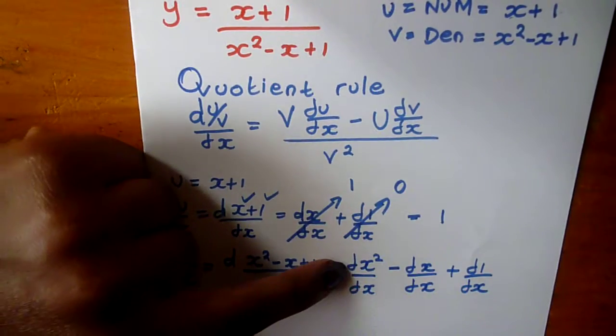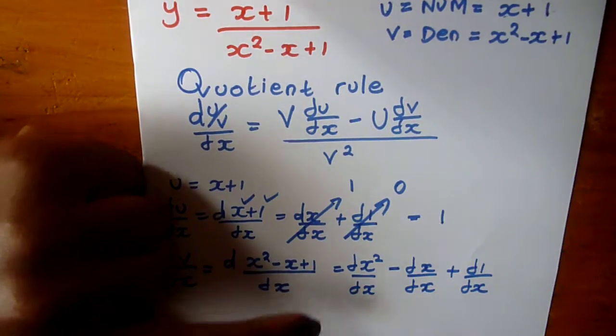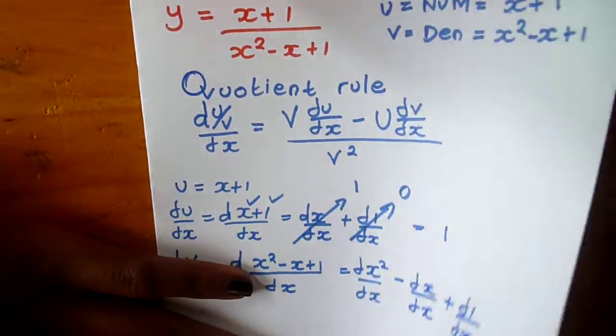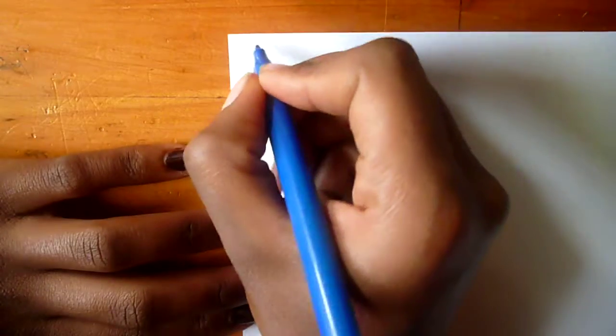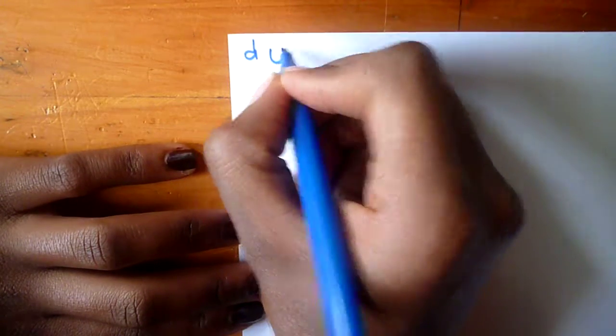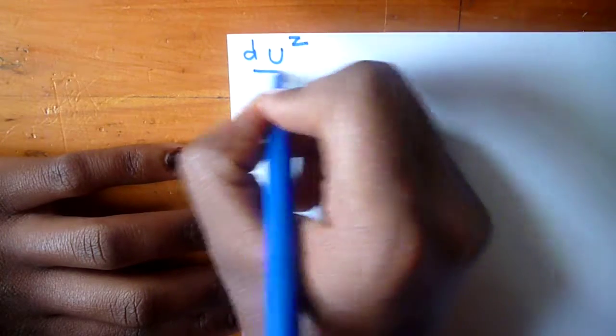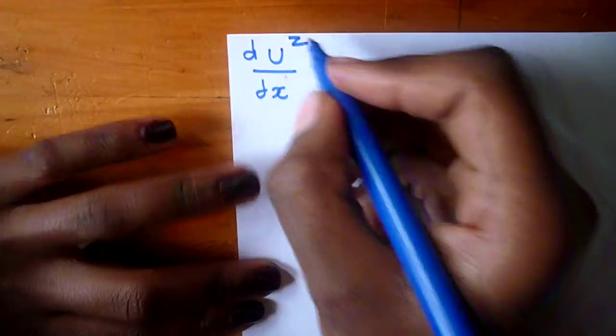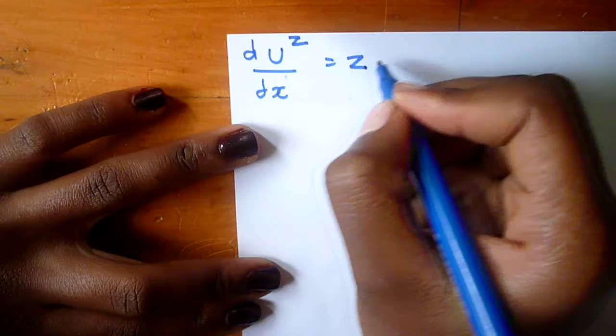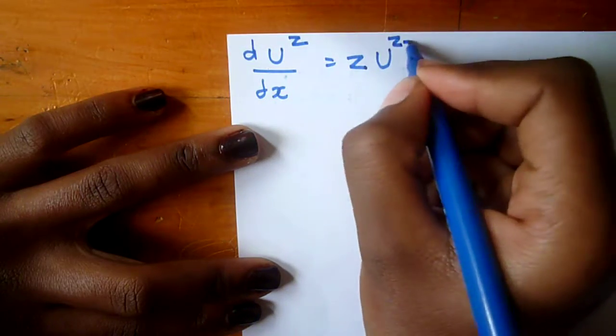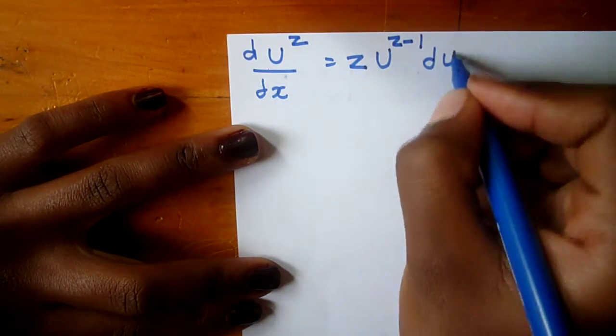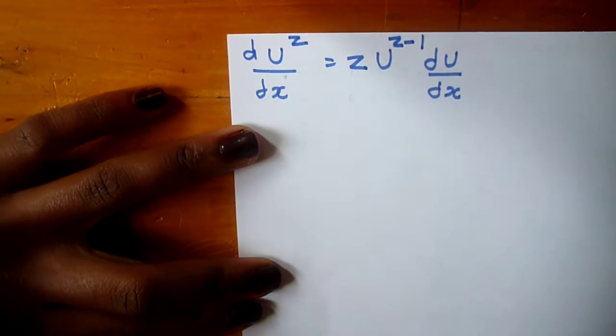Okay, now when you reach this point, what you're going to apply is known as the power rule, and it states that the derivative of u raised to, let's say, z with respect to dx is the same as dropping z first, then u to the z minus 1, times the derivative of u with respect to dx.